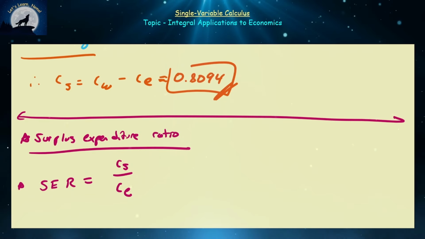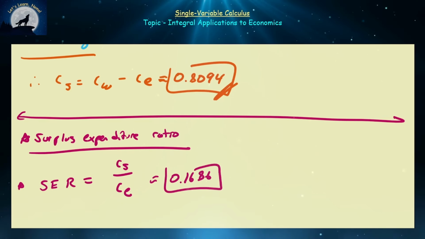From our example, we can find that this is approximately equal to 0.1686. So you should take a moment and think about whether you want this number to be large or small. I'll give you the answer and let you think about why that is the case, but the larger the better.